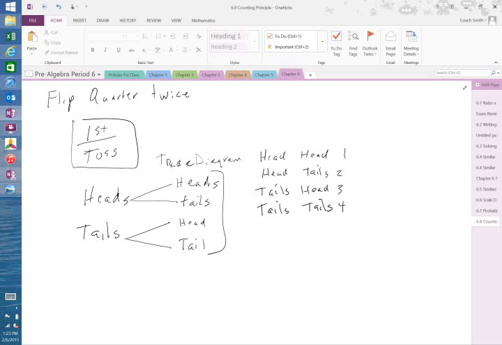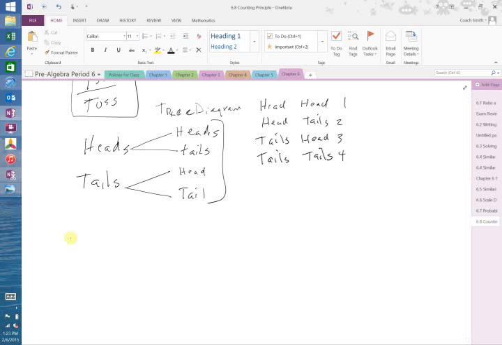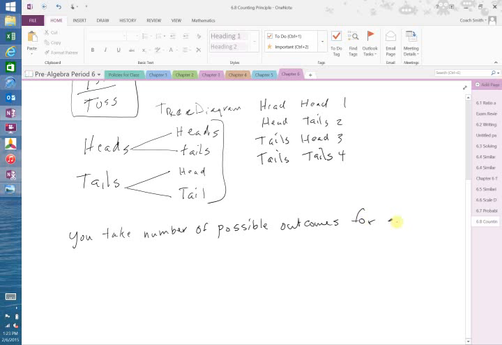Okay, and the mathematical principle is this. You take the number of possible outcomes for each situation, and multiply them together for the total outcomes.